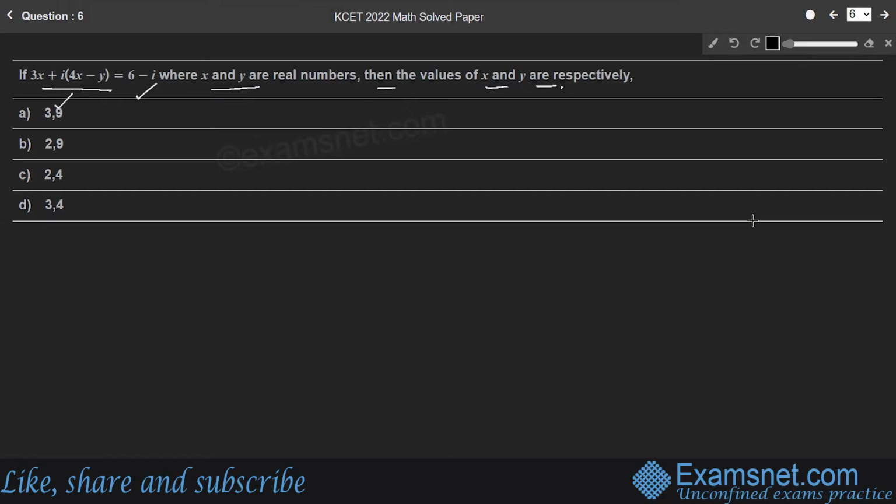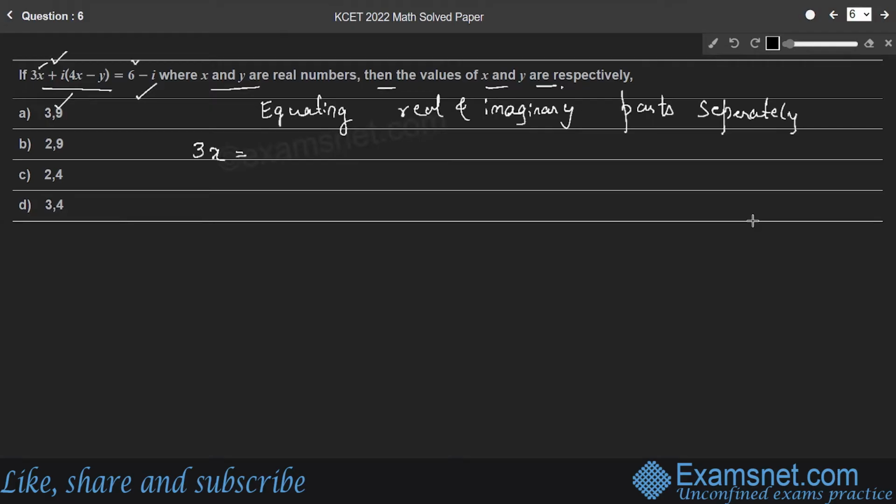So let us equate real parts and imaginary parts separately. In the left hand side, the real part is 3x.